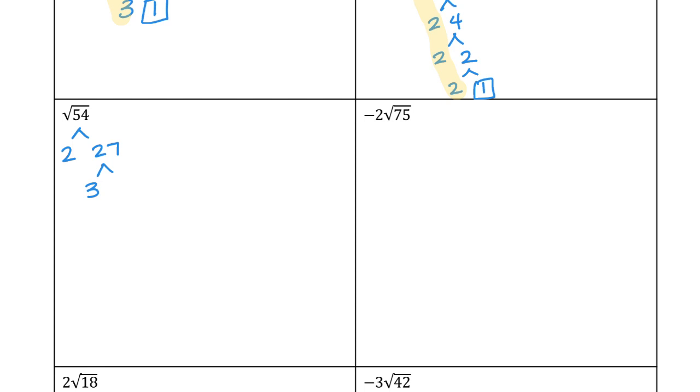So this would be 3 times 9, gets you back to 27. Then we can divide 9 by 3. That's 3 times 3. And then 3 is divisible by 3. 3 divided by 3 is 1. And we're done.